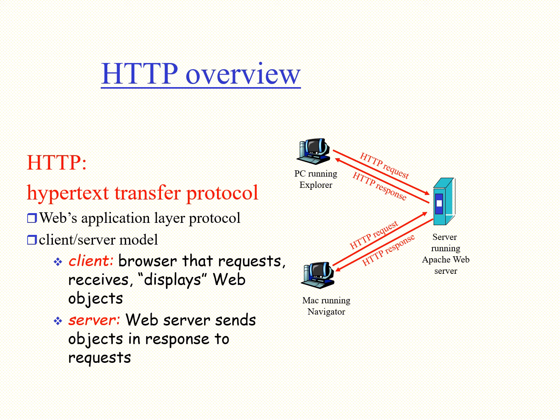Let us see the overview of HTTP. HTTP stands for Hypertext Transfer Protocol, and it is mainly used for web applications. It is the web's application layer protocol, and this protocol works on the client-server model. We know what a client-server architecture is.